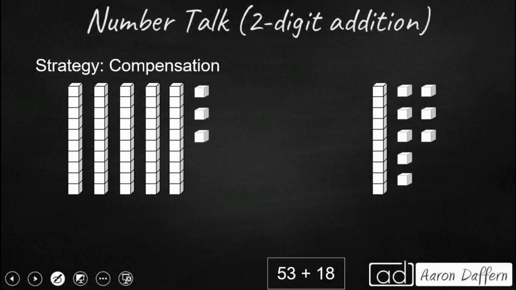Now, compensation is always a fun strategy. This actually changes our addends into new addends. So watch, we're going to take a look at our two addends and find the one that's closest to the next 10. And as we can see, it's that 18. That's really close up there. So I'm going to actually take 2 away from 53. That's going to make that a new number. Instead of 53, I'm going to make it 51.